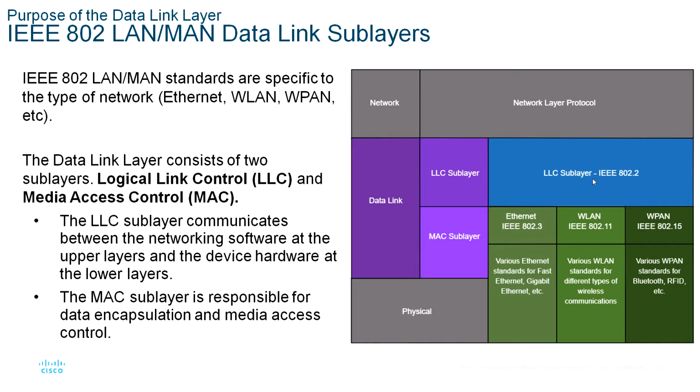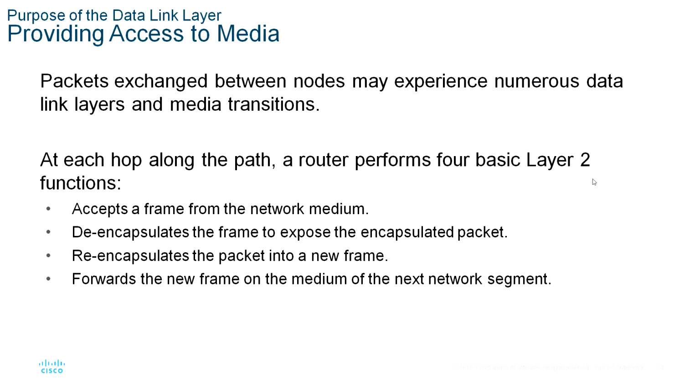The MAC sublayer provides data encapsulation. The first one, frame delimiting. The framing process provides important delimiters to identify fields within a frame. These delimiting bits provide synchronization between the transmitting and receiving nodes.